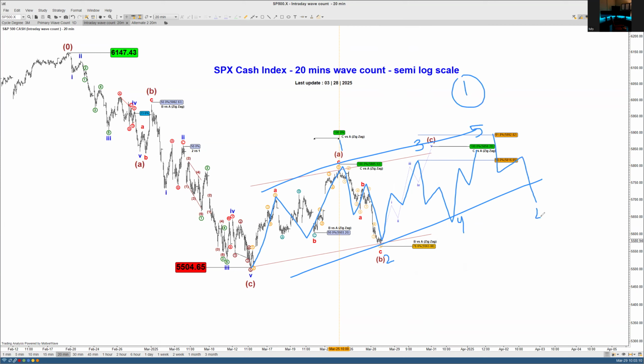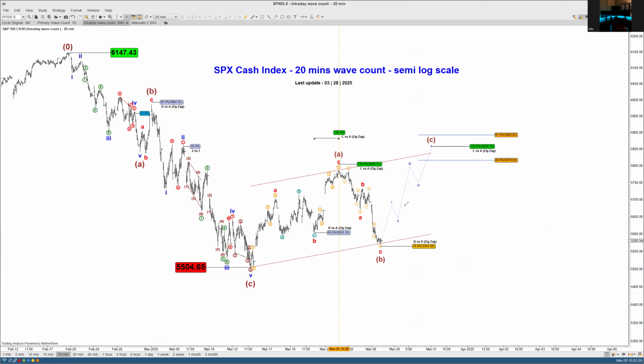Then you come down for another 2, then you go up. That is going to take a lot of time to complete. Diagonals and triangles take very long to complete. But it's a possibility. Always have to think of different ways how we can get up in 5 and 3.